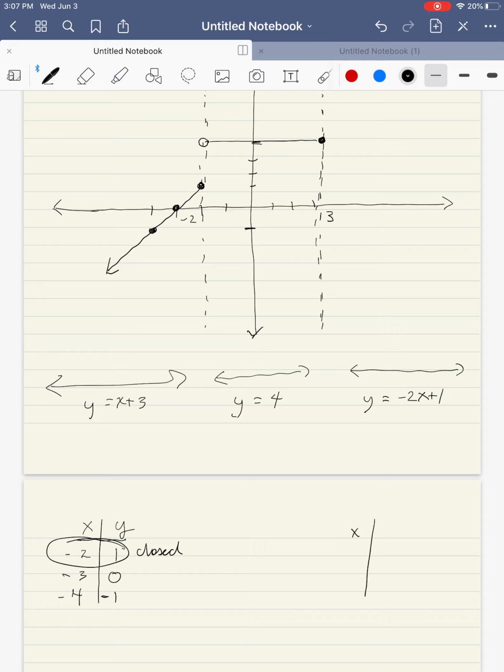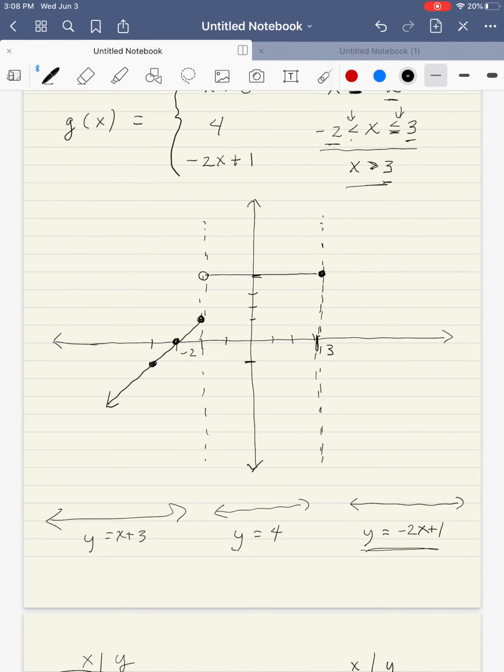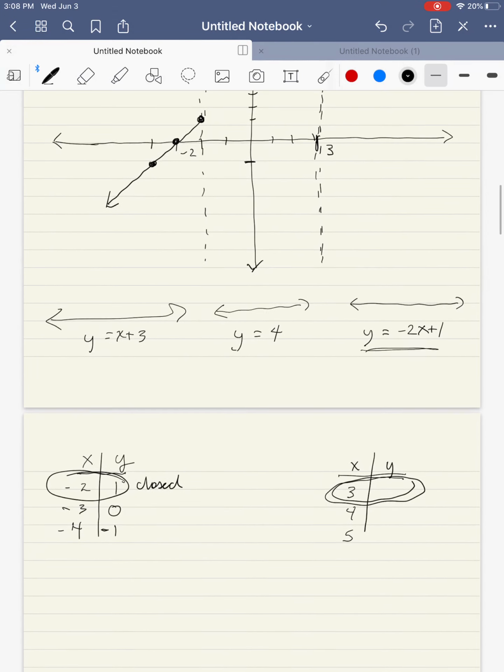And then I can do the same thing in the far right region. Do a little t-table, and what I'm plugging into here is y equals negative 2x plus 1. So I want to see what happens at 3 and then numbers bigger than 3. But I have to keep in mind that this point right here at x equals 3, because I do not have an equal sign, is going to be an open circle.